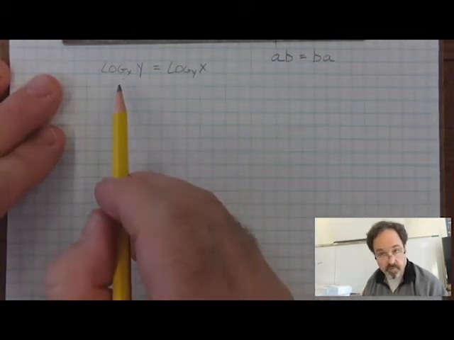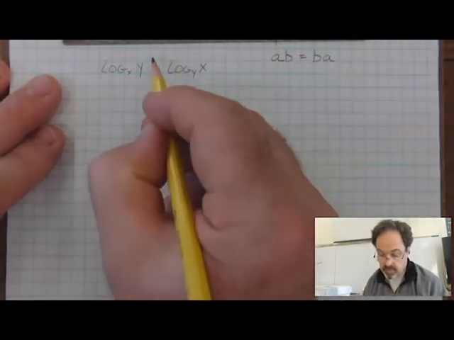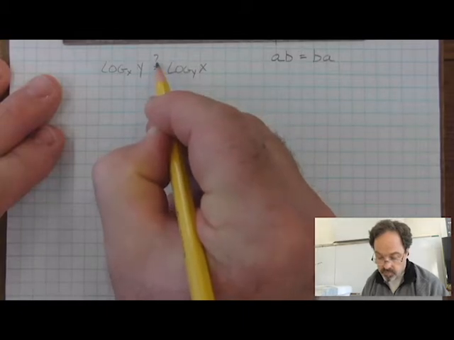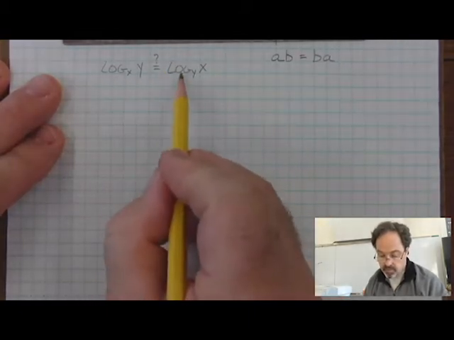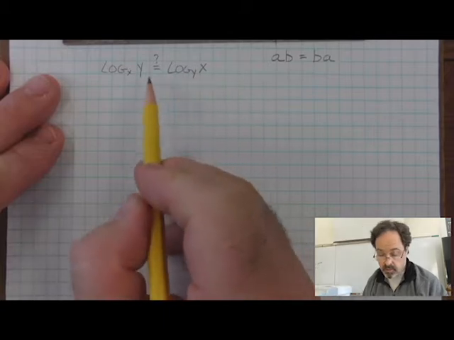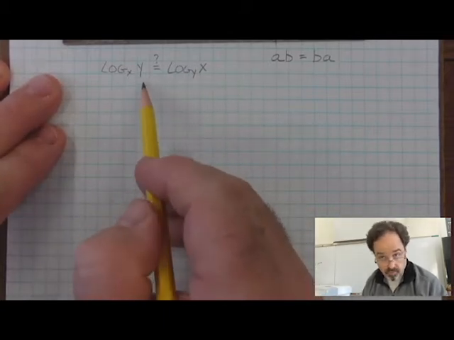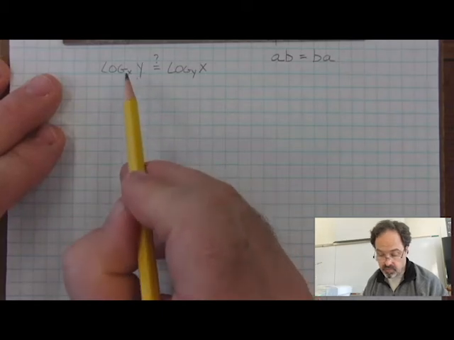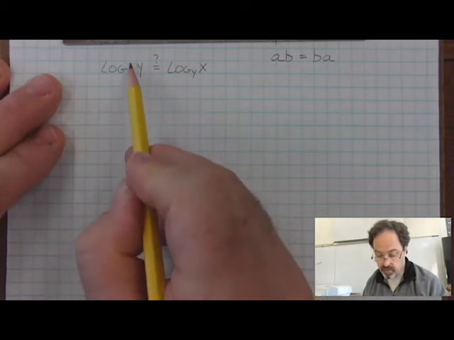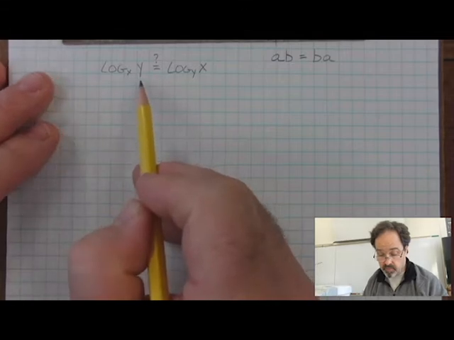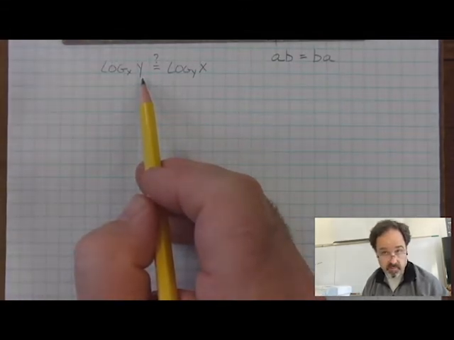And we don't know if this is true yet, so we can put a question mark above it. These two sides aren't going to be equal unless we can choose any values for x and y and have it always be true, that switching the log base and what you're taking log base of can be switched and it will evaluate to be the same.